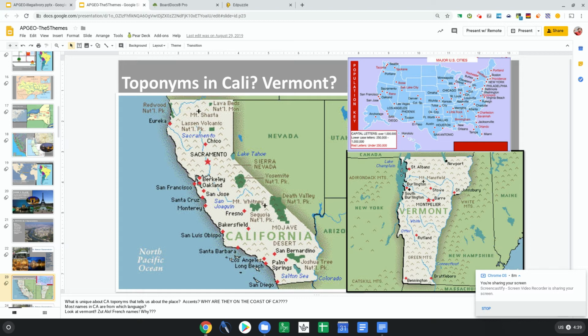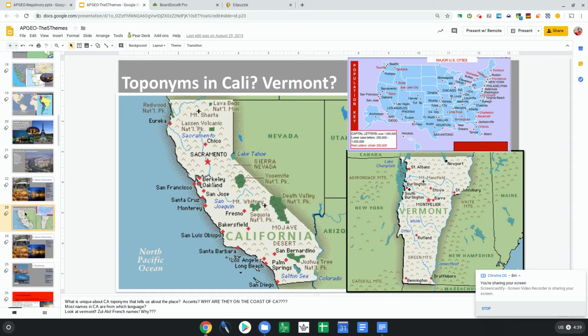And those people are from Vermont, where they have French influences, right? Where they dip their French fries in mayonnaise, because that's what the French do. And you can see that in the names, right? Montpelier, Rutland, South Burlington, these are all French and British influences, and we can see that in a sense of place. It's going to have a different feel than California does.